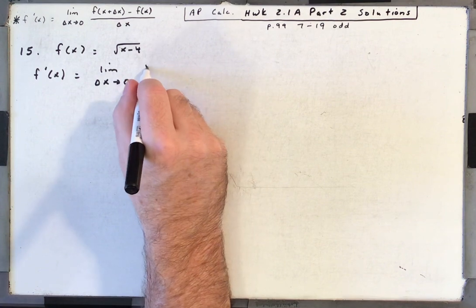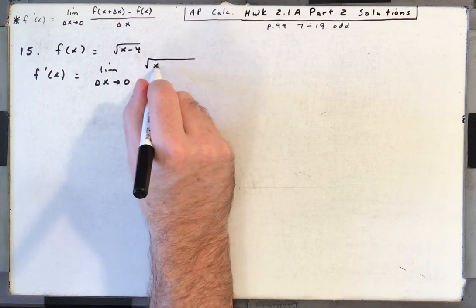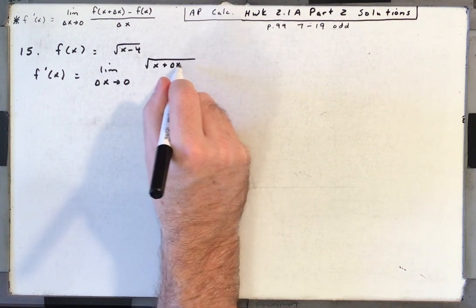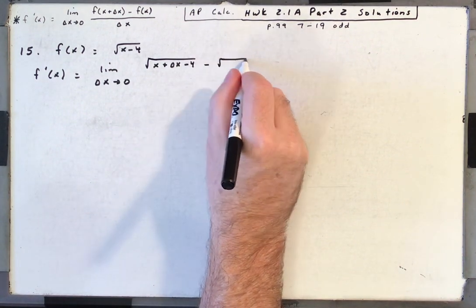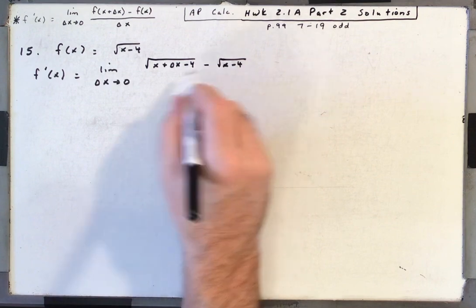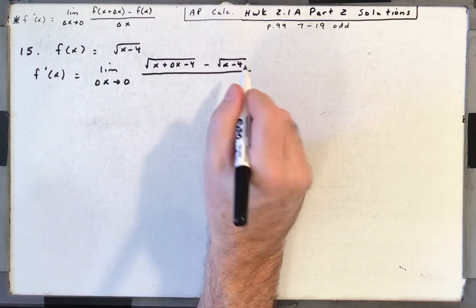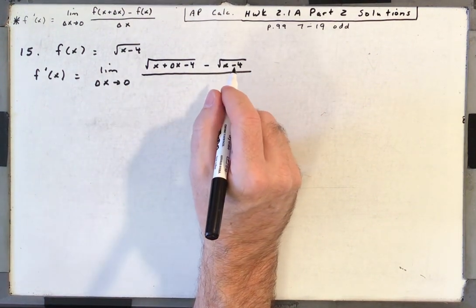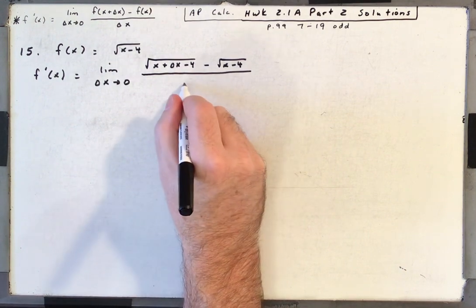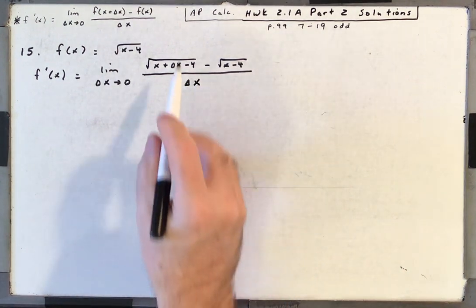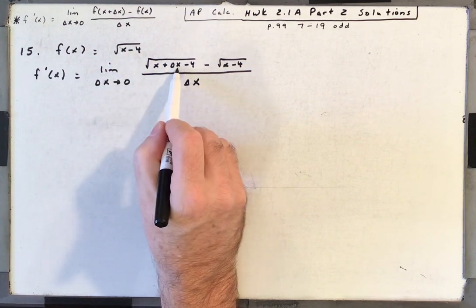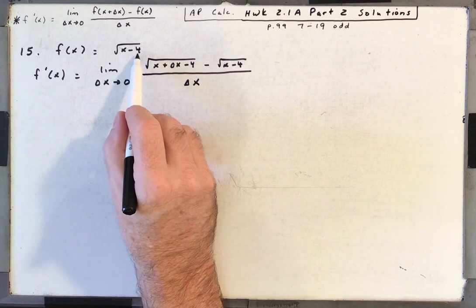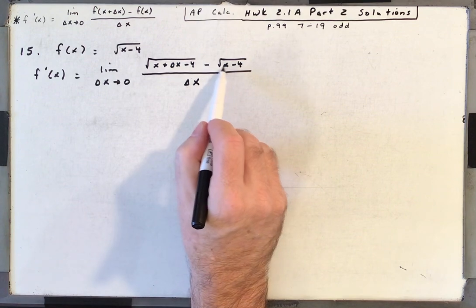That would be the square root of x plus delta x minus 4 minus the square root of x minus 4 all over delta x. Now let's double check that. x, we're going to replace that with x plus delta x, and then minus 4, and then minus f of x, so minus that.